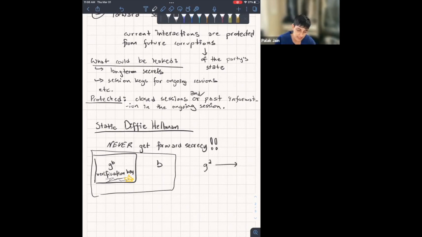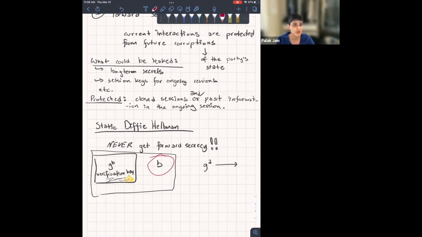And as soon as it learns B, it can compute the key that we used for our communication. And once it can do that, everything about the communication becomes visible to this adversary. And so forward secrecy never holds here as long as this certificate and this key pair is in use by this server. This is why static Diffie-Hellman is bad.